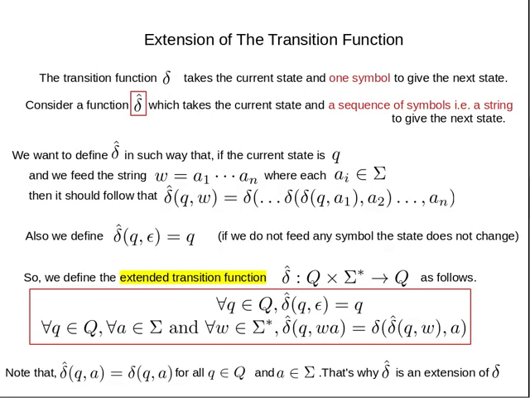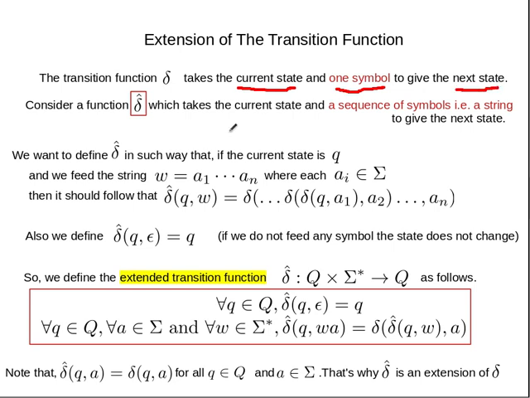Now we want to extend this transition function delta. So what is delta doing? So it's looking at the current state and just one symbol, the current symbol, and then it's producing the next state, right?